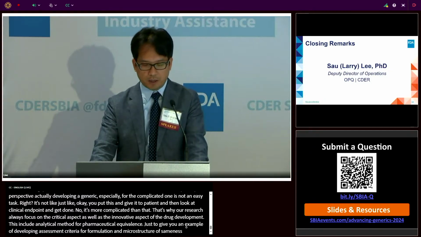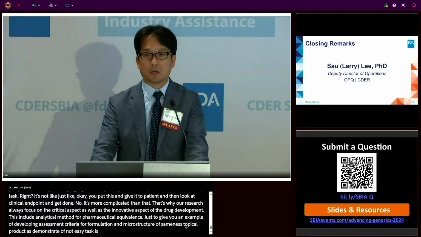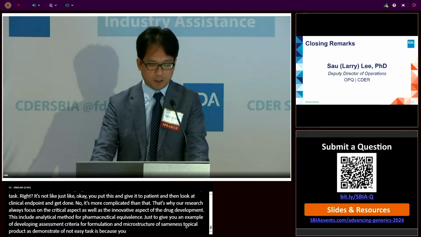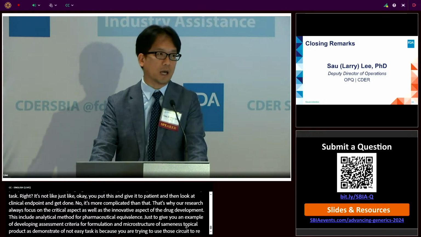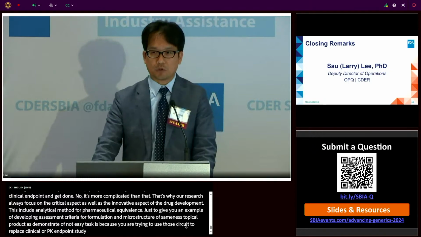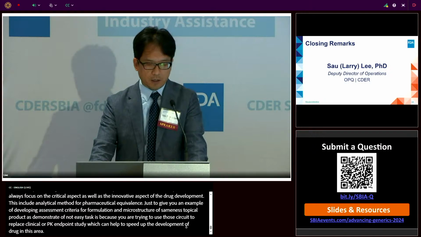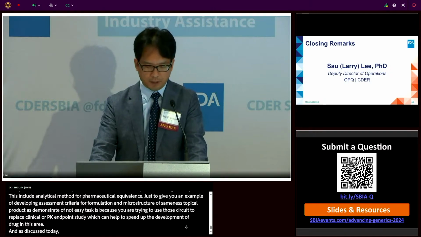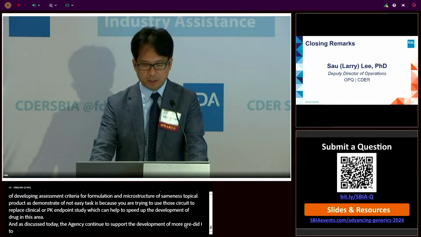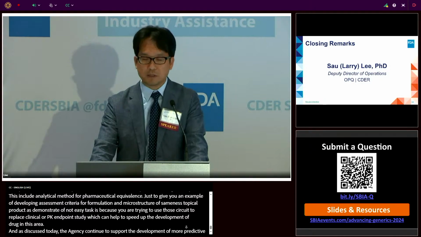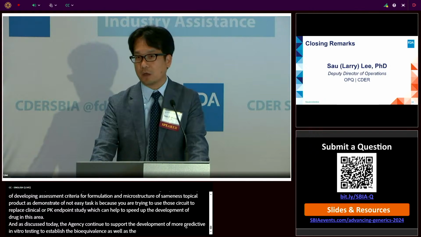Really, it's not an easy task, because you are trying to use those tests to replace the clinical or PK endpoint study, which can help speed up the development of generic drugs in this area. And as discussed today, the agency continues to support the development of more predictive in vitro testing to establish the bioequivalence as well as the quality standard for these complex generic drug products.